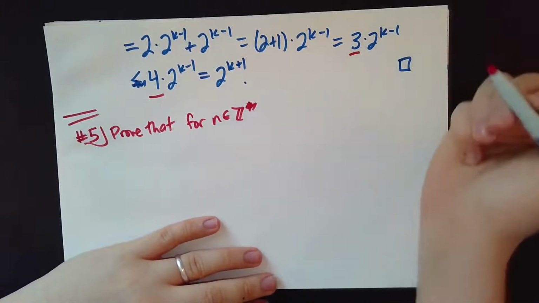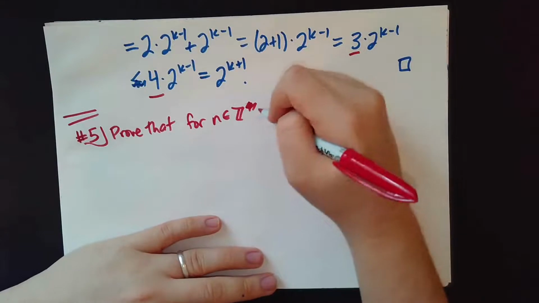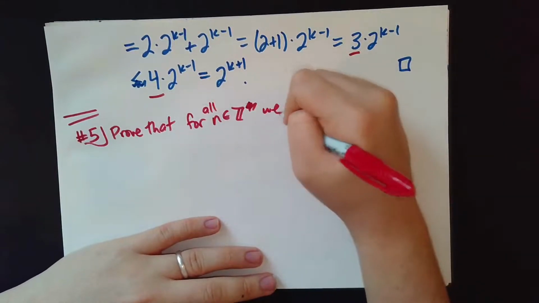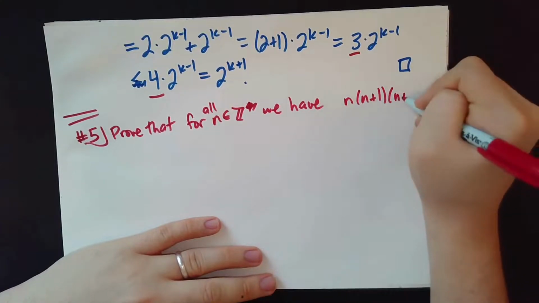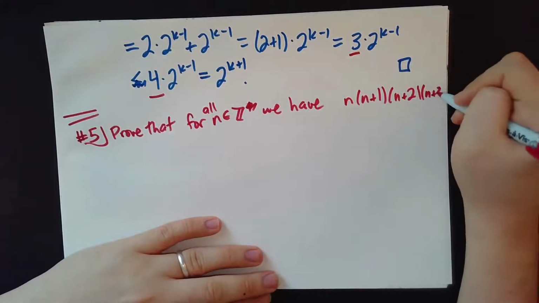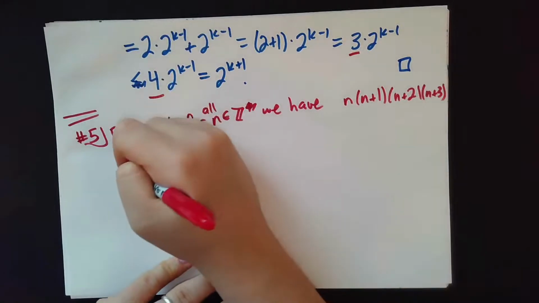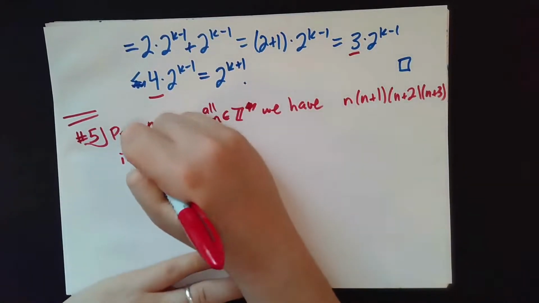Sorry, n in the integers, not the positive integers. This n times n plus 1 times n plus 2 times n plus 3 is divisible by 8.